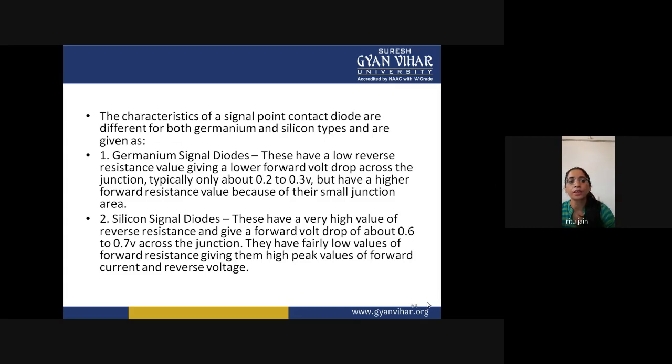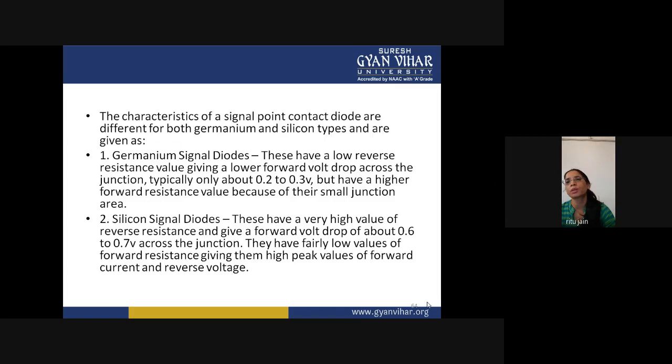After getting that much voltage across the diode, the diode will be able to conduct. So what I'm trying to explain is that according to the material, whether you are using germanium or silicon, there is a different forward biasing voltage for different materials.